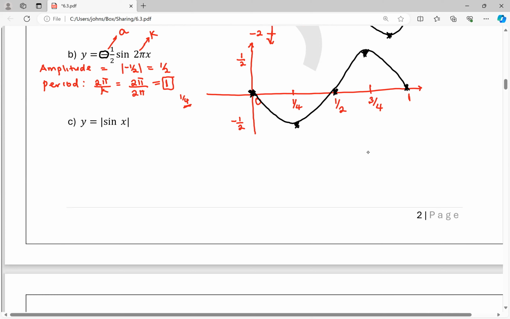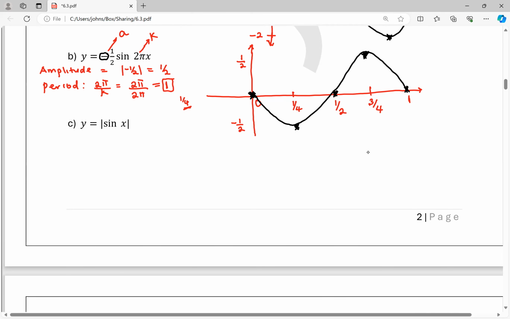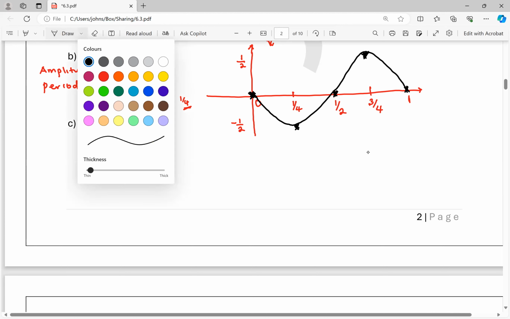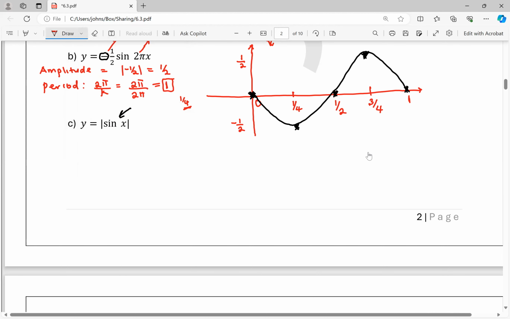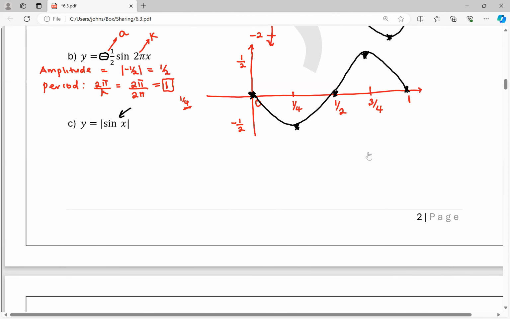All right, now number C. For number C, you can see we have an absolute value. So don't worry about the absolute value, just deal with what is inside. We already saw this graph earlier. Here our amplitude A is 1, so our amplitude has not changed.